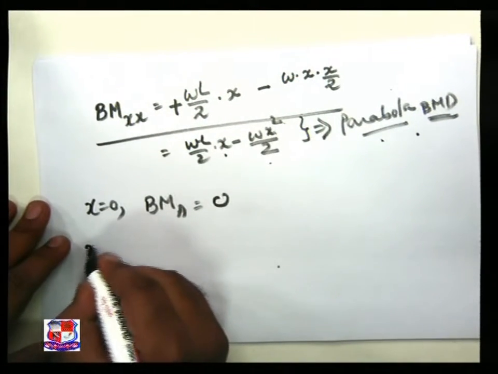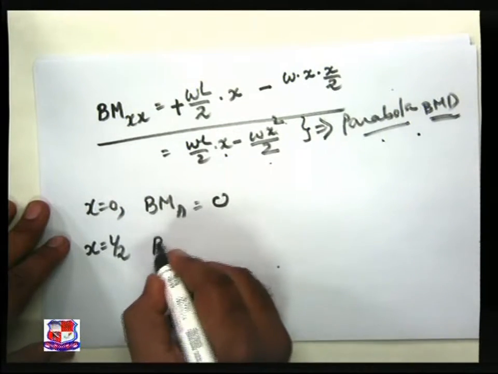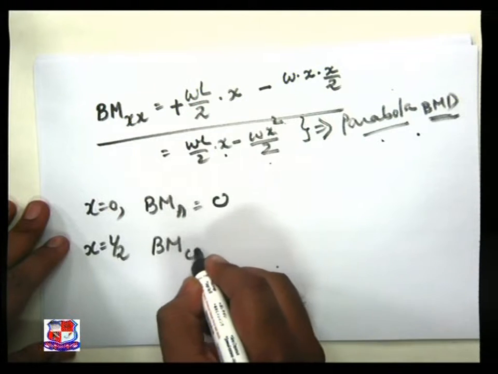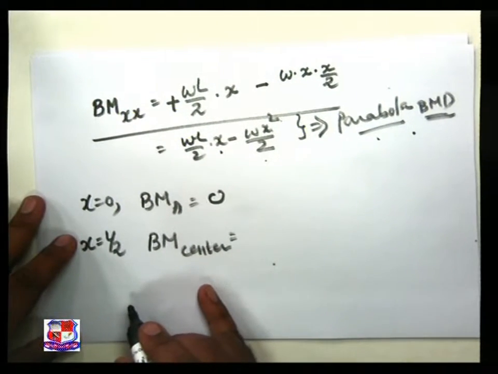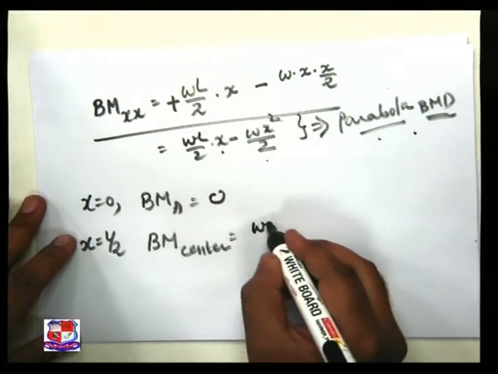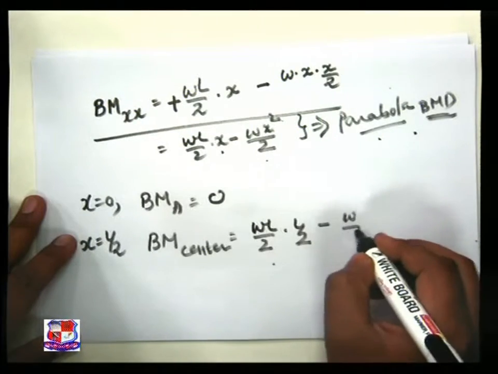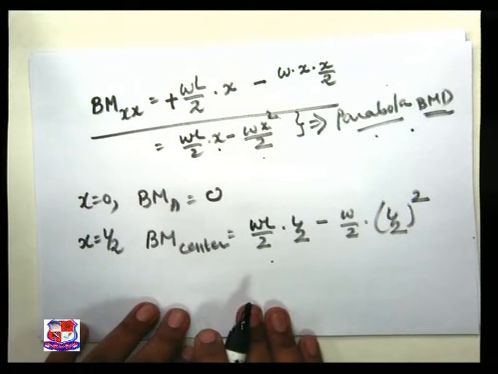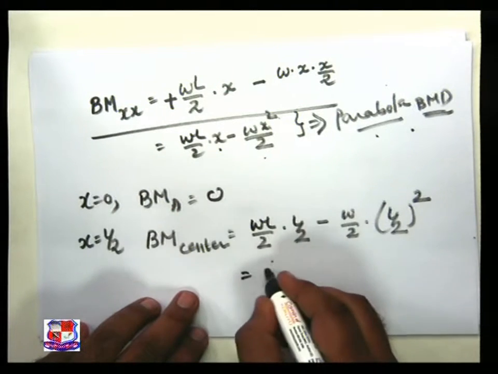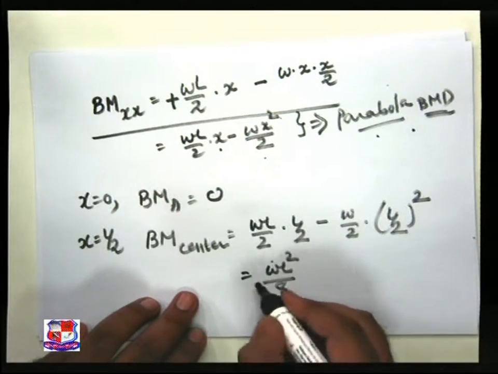Let us take X is equal to L by 2. My bending moment at center is equal to WL by 2 into L by 2 minus W by 2 into L by 2 square. And if you simplify this equation, we obtain WL square by 8 with plus sign.